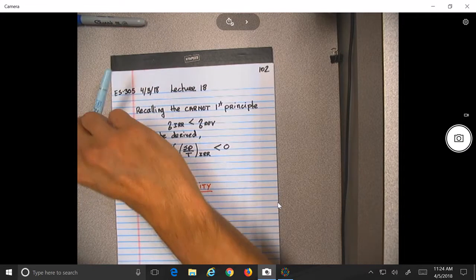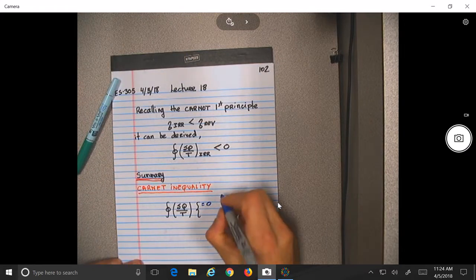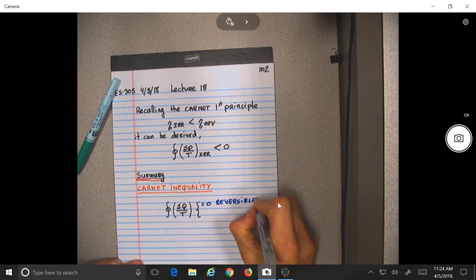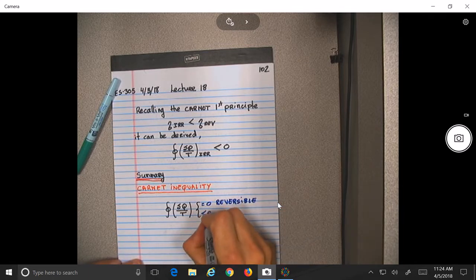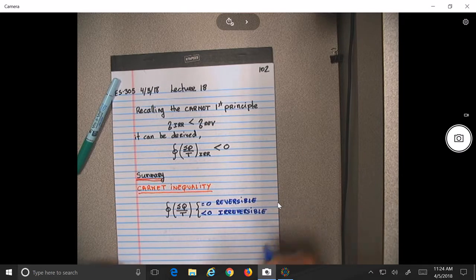If it's equal to 0, it is reversible, and if it's lower than 0, it is irreversible.